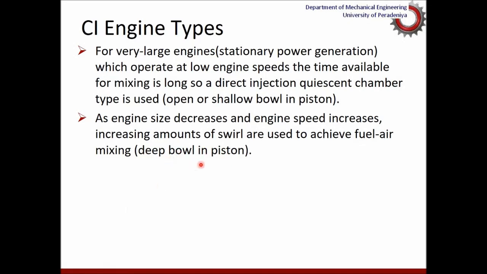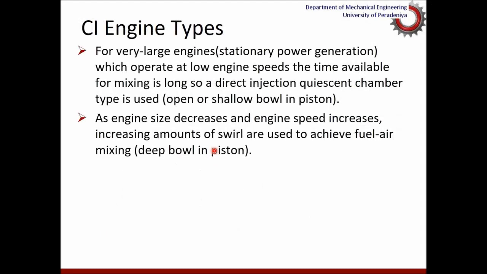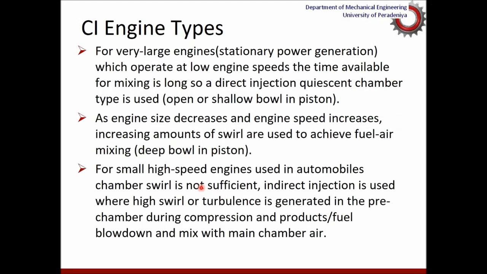Therefore, these deep bowl in piston type swirl chambers are used where the size of the engine is smaller but operates at very high speeds. And these are small size, high speed engines, mostly the engines that we use in automobiles.